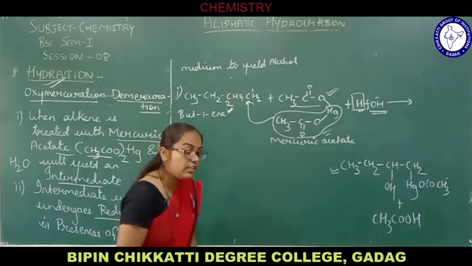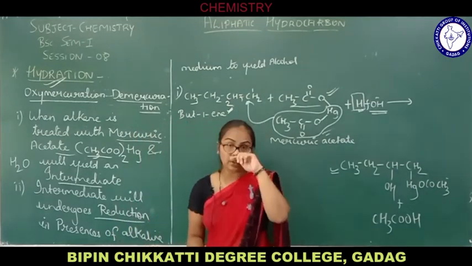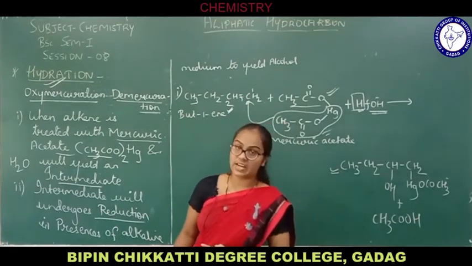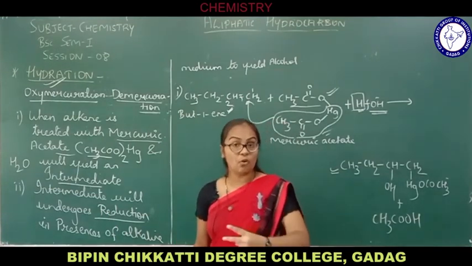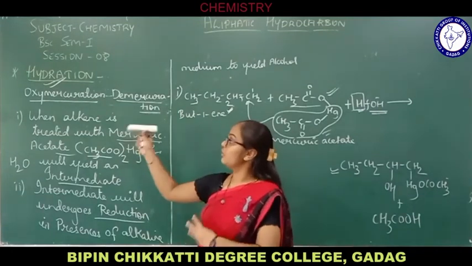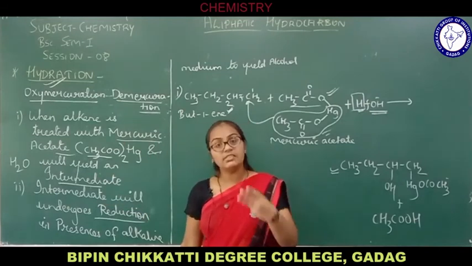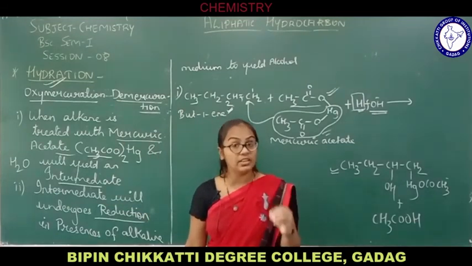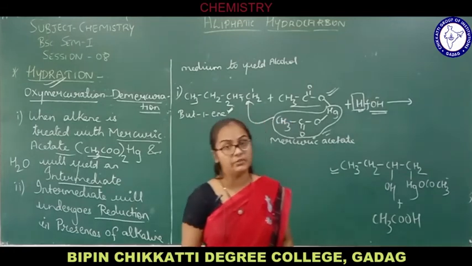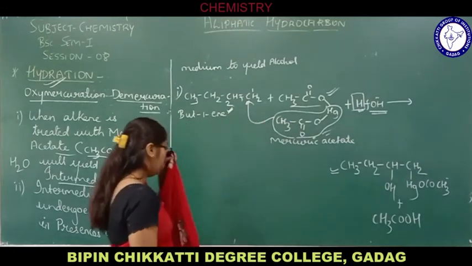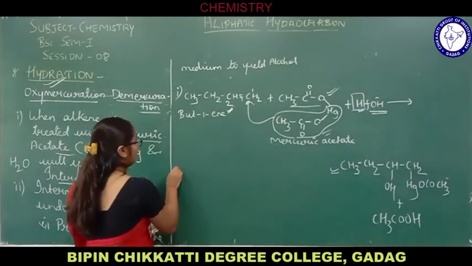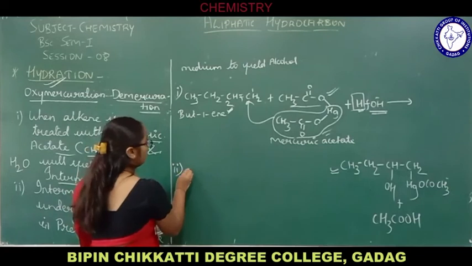Whatever processes we are studying over here through hydration, the first was acid catalyzed reaction, the second one was HBO, which is hydroboration oxidation, and the third one is oxymercuration demercuration. So these three techniques are adapted to yield alcohol from the olefin, and these three techniques are totally different from each other.